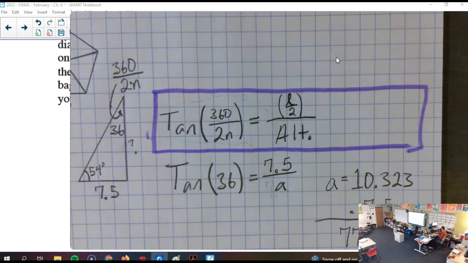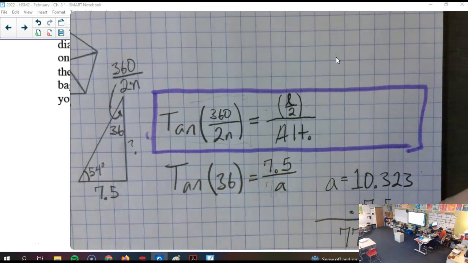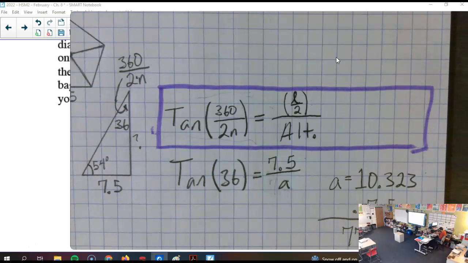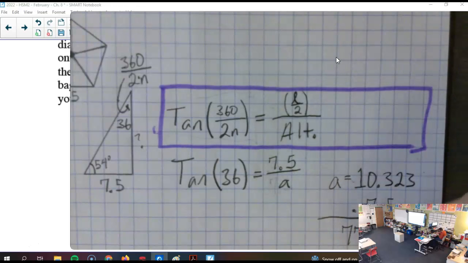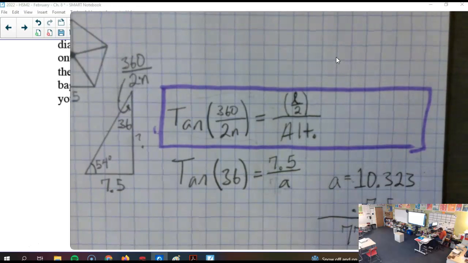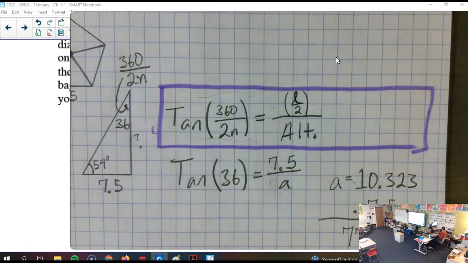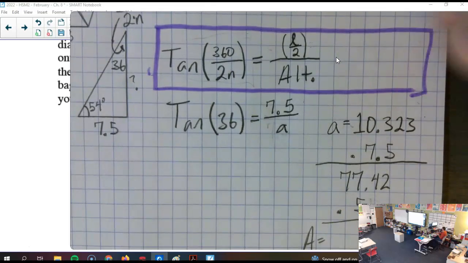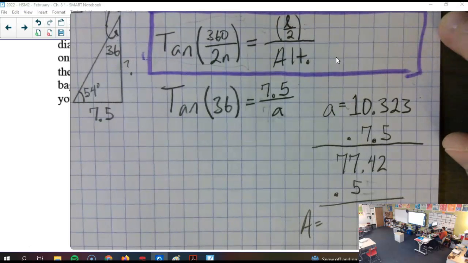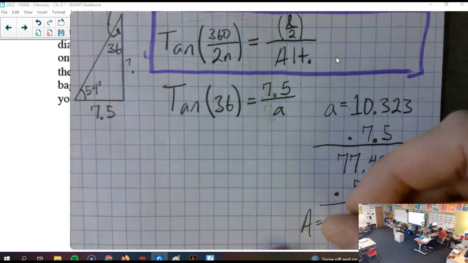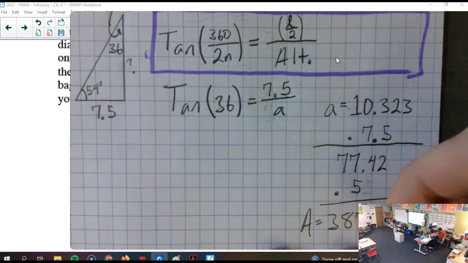So that times 5. I'm not. That 5 is not where it should be. A little under 400. 387.11 units squared.